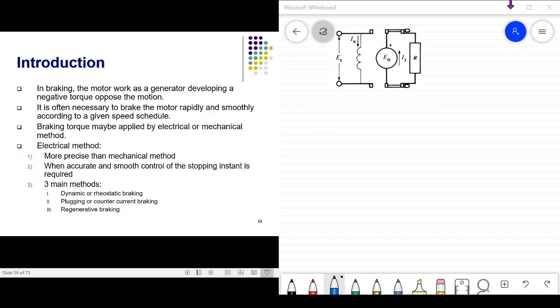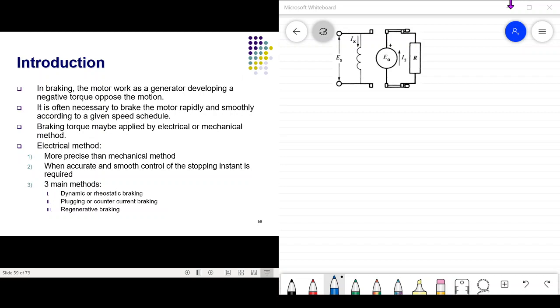In spite of electric braking, the braking force can also be obtained by using mechanical brakes. The main disadvantages of mechanical braking are, first, it requires frequent maintenance and replacement of brake shoes, and braking power is wasted in the form of heat.